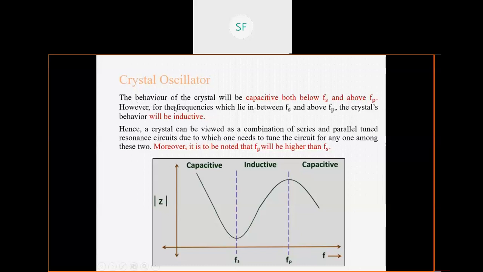Okay. So the behavior of the crystal will be capacitive both below Fs, this region, and above Fp, that is this region. For both these regions, the behavior of your crystal will be capacitive in nature.